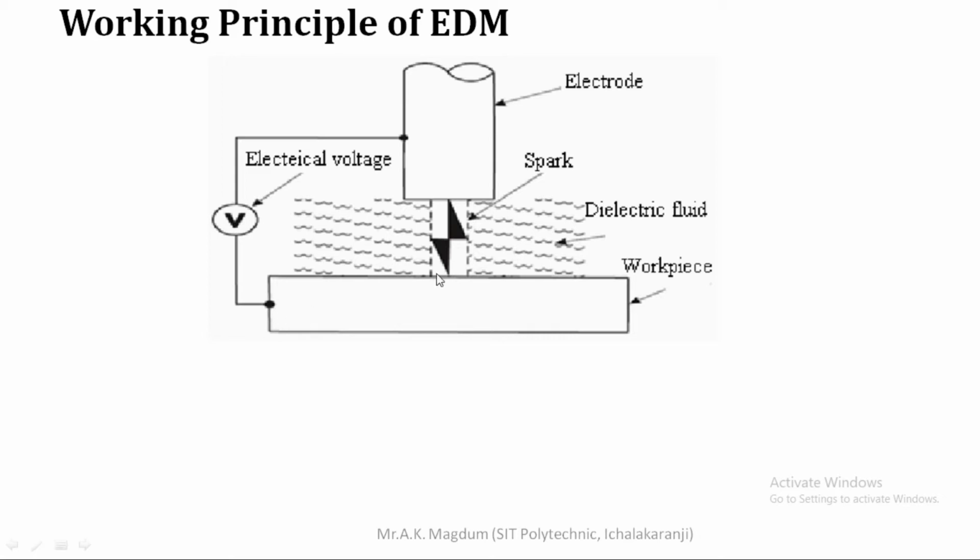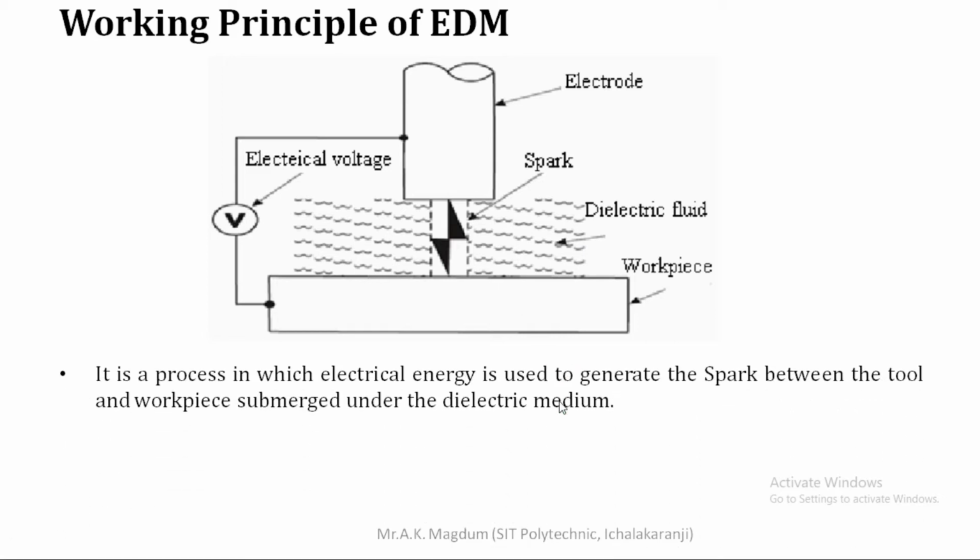Between the workpiece and the electrode, a gap is maintained to produce a spark between them. In this region, dielectric fluid is also continuously blown in between the gap of electrode and workpiece. So this is the working principle of the EDM process.